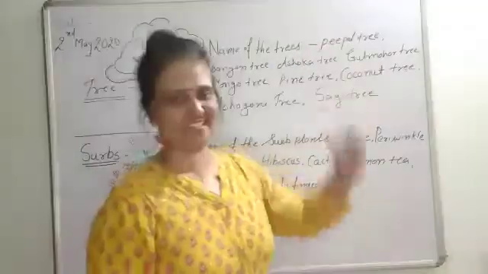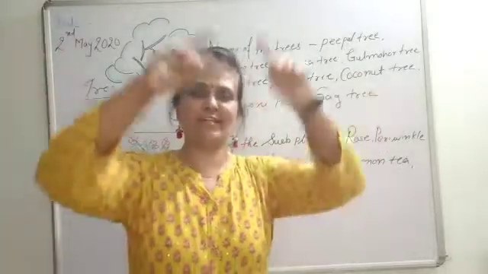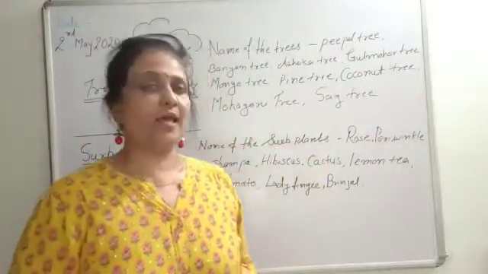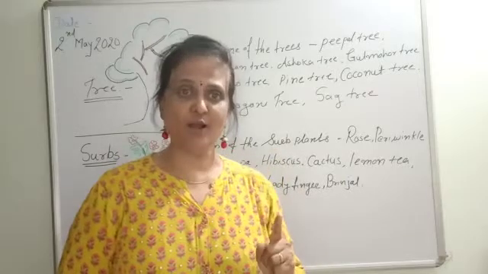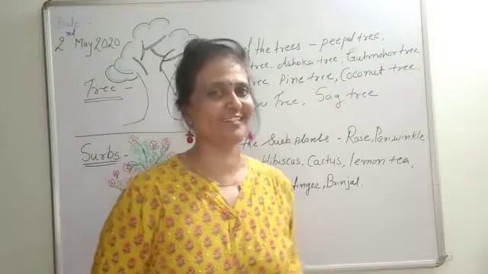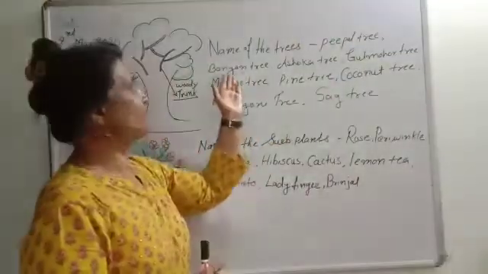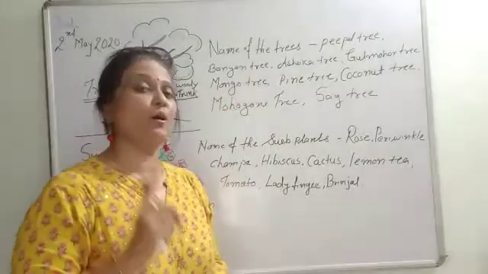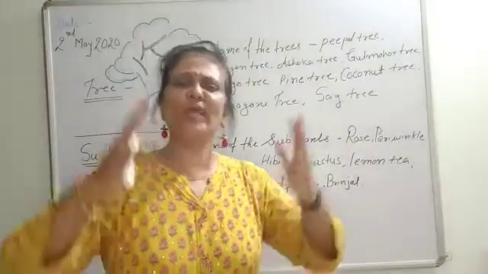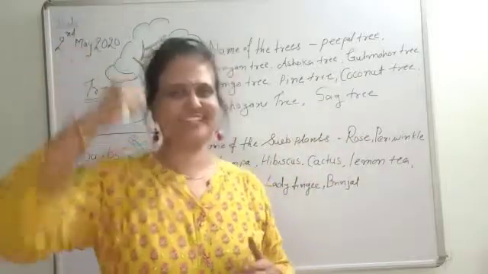Peepal tree. Peepal tree is a very big tree and round in shape. Peepal tree is very strong and big. Also, it is tall. Banyan tree. Banyan tree is also very strong, big and tall.